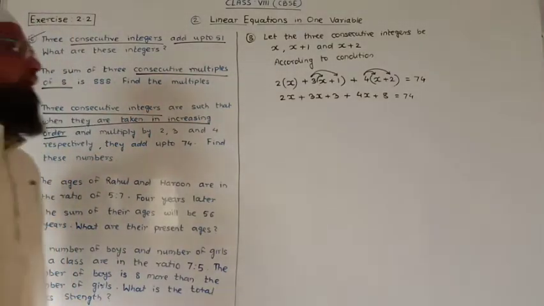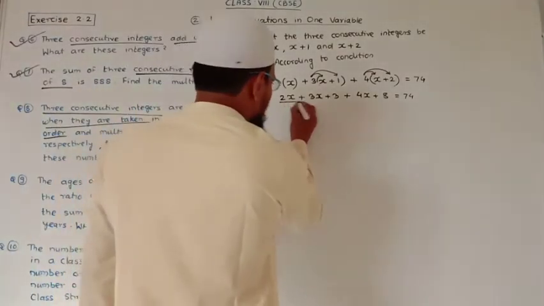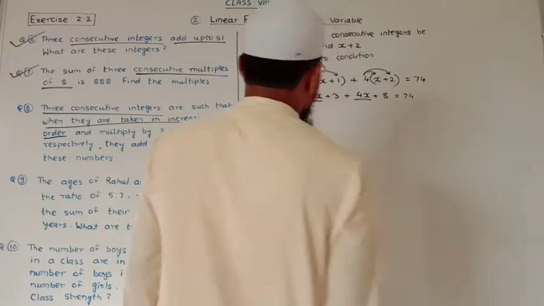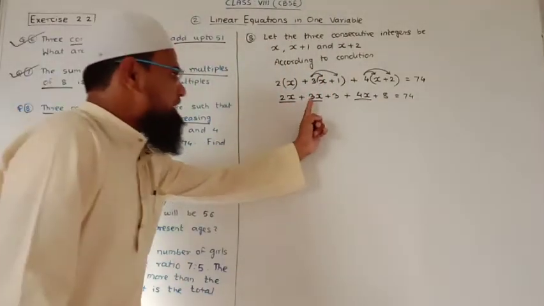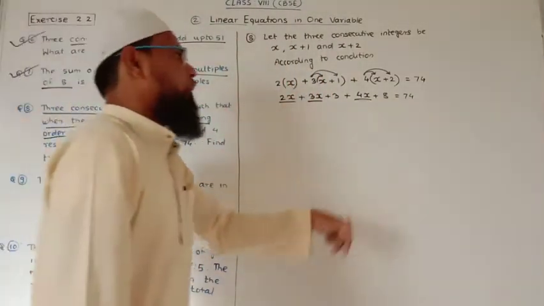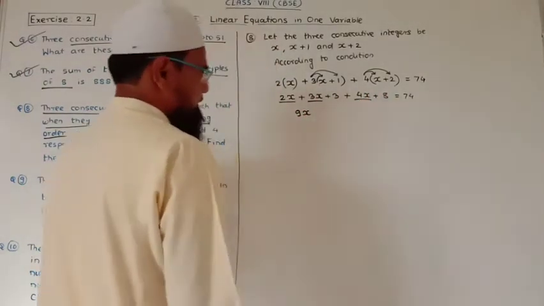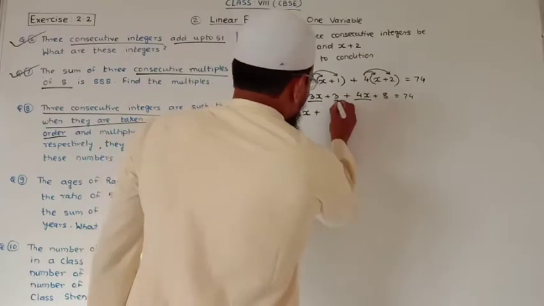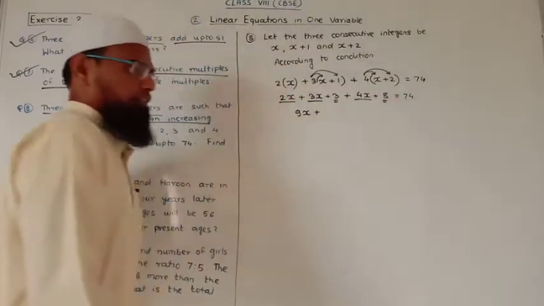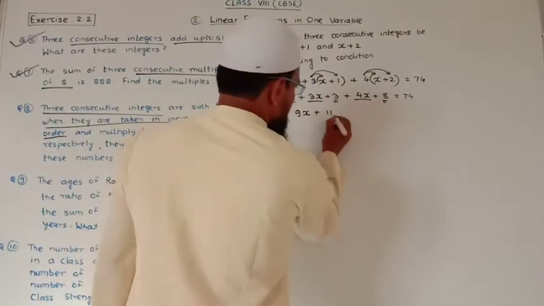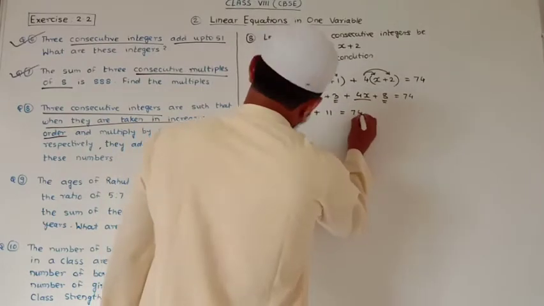Now we add the variables. 2x plus 3x, 5x plus 4x, 9x. So we get 9x plus 3 plus 8, 11 is equal to 74.